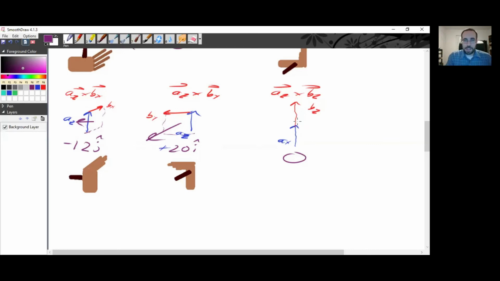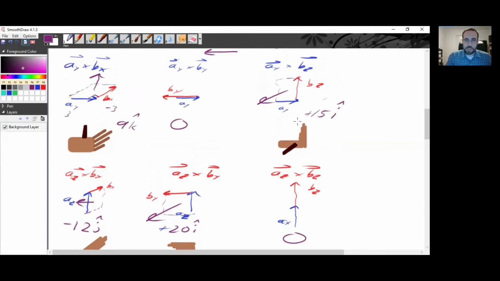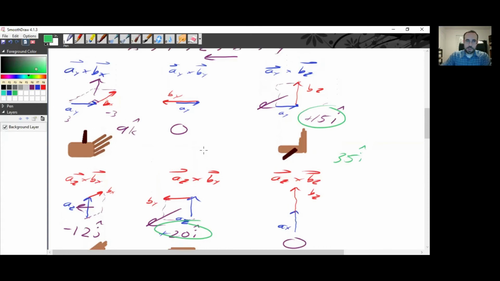No area. So I'm just going to go back through, and what we can do is pair them up, right? We've got a total of 35 I hat, and those two, we can see they're pointing in the same direction.